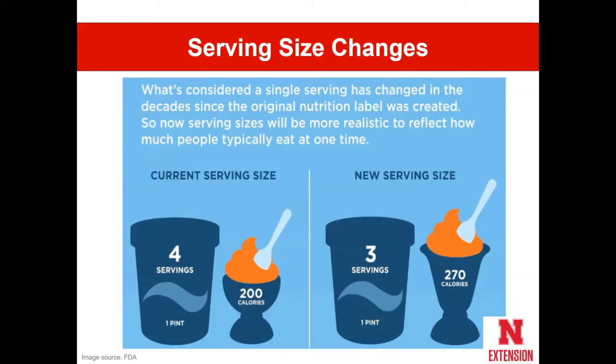And so for the new nutrition labels, instead of a pint of ice cream providing 4 servings, it now provides 3 servings. They upped the serving size of ice cream. It's now more like 2/3 of a cup versus a half cup. And again, they're not saying this is what you should eat, but they just wanted the labels to be more reflective of what people actually consume.